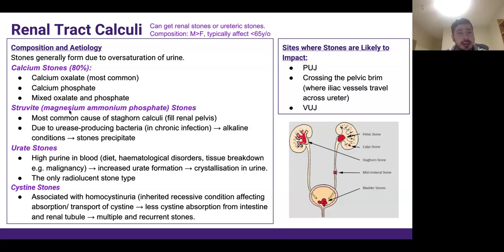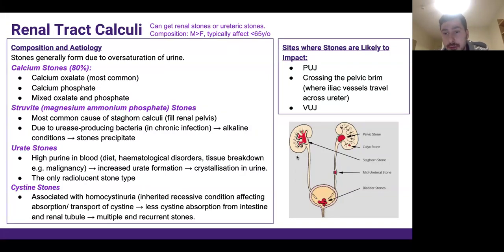Now, exam SBAs don't typically follow the most common pattern. So they don't typically test you for calcium stones as much as they should, and they focus on stones that have specific characteristics. And most of all, this is struvite stones. So these magnesium ammonium phosphate stones are the most common cause of staghorn calculi.